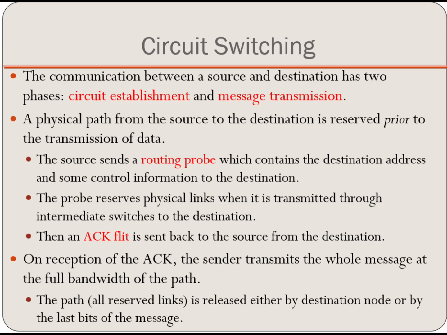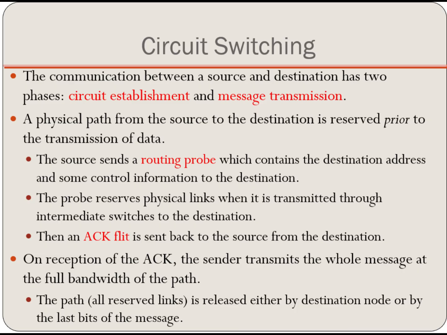In general, to establish the circuit the sender sends routing-related control information, sometimes called a routing probe, which contains the address of the destination and some other routing or control related information, to the destination.